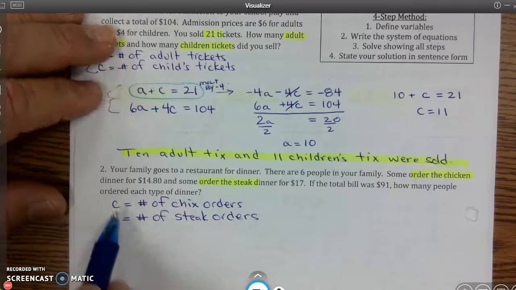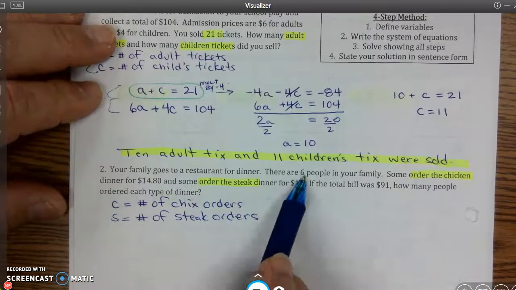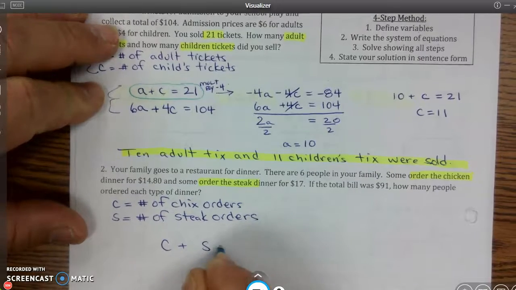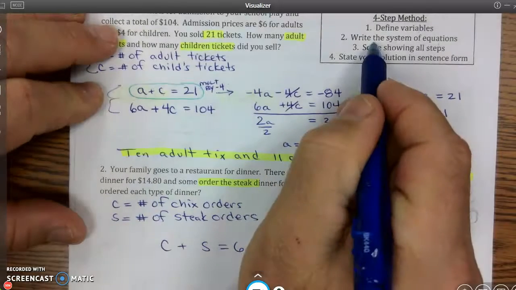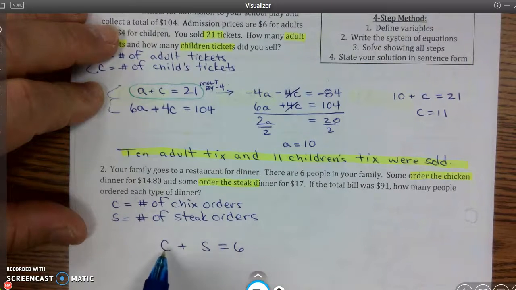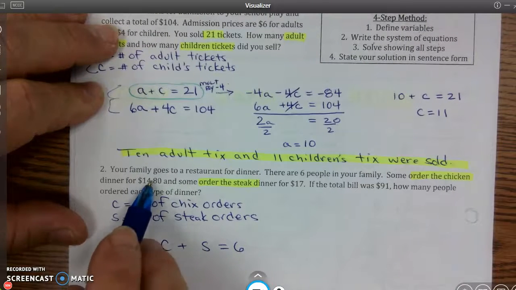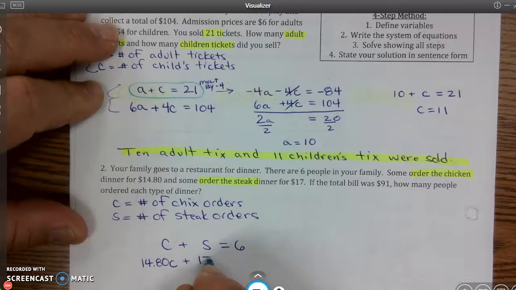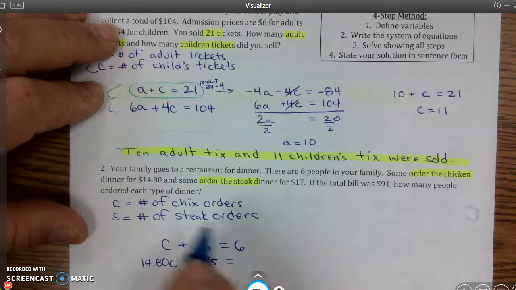Now we know C plus S has to equal 6 because there's 6 people in your family. C plus S equals 6. I'm on step 2 now. We also know that you're going to have to multiply the number of chicken orders times 14.80, plus you're going to have to multiply the number of steak orders times 17, 17S, to get the total cost of the dinner, which is $91.